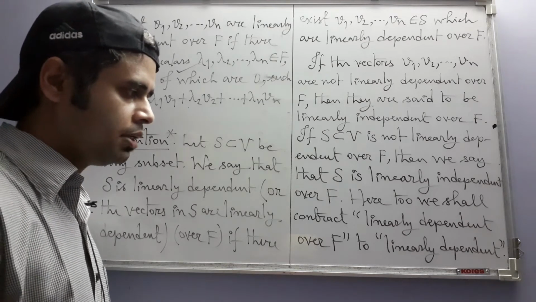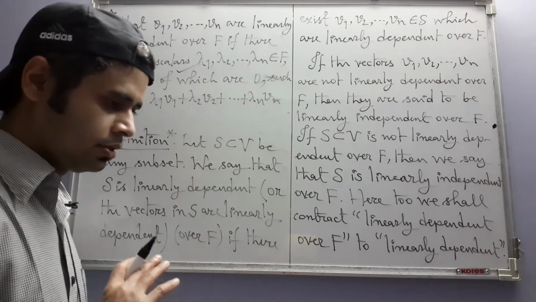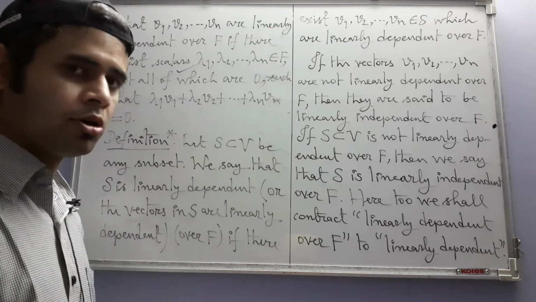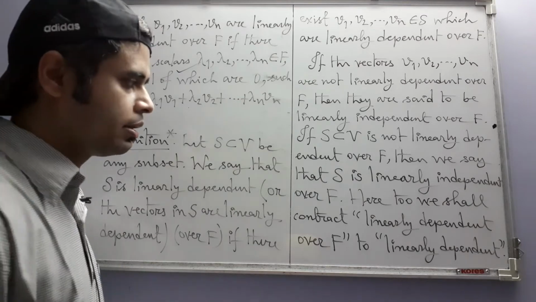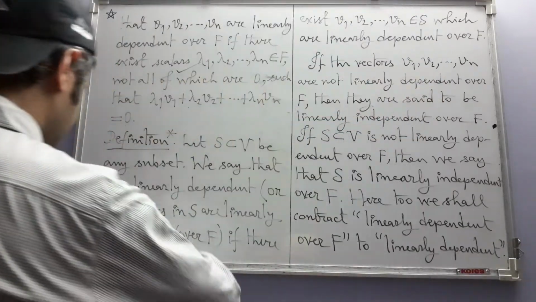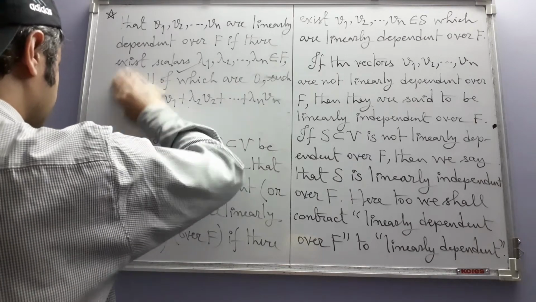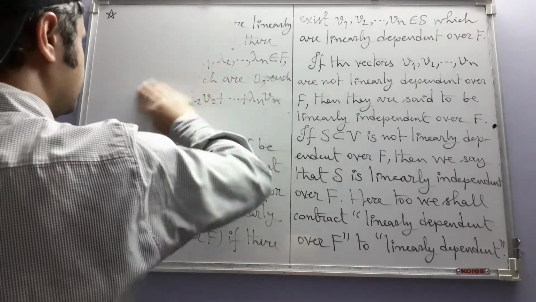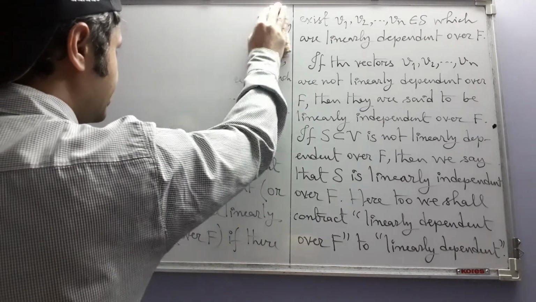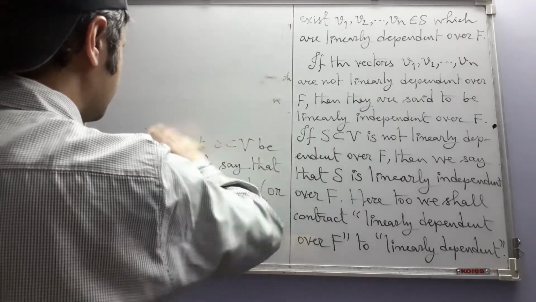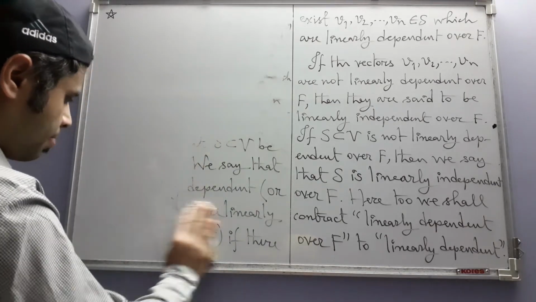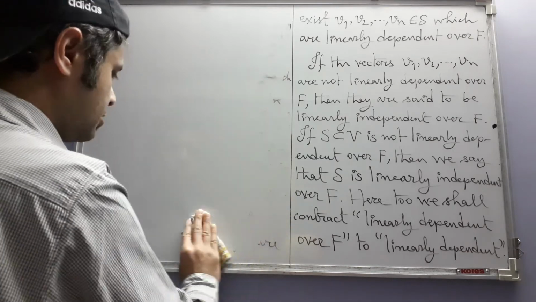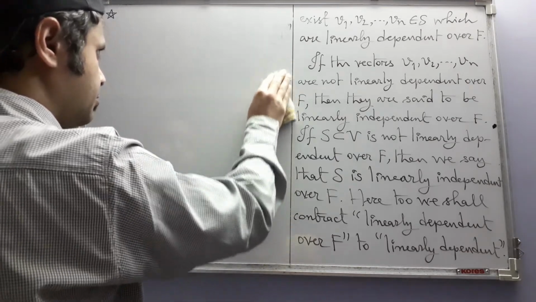We are not studying dependence or independence of vectors in some non-linear way. Everything is done linearly. Non-linearity does not appear here because there is no multiplication of two vectors or any such operation like that.